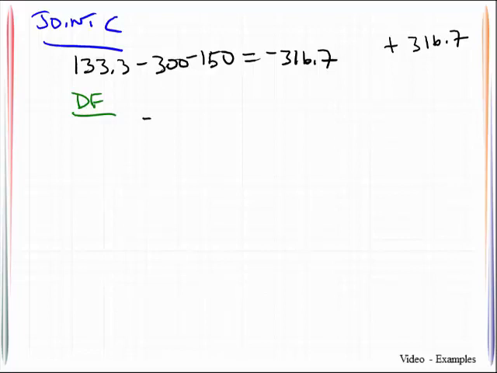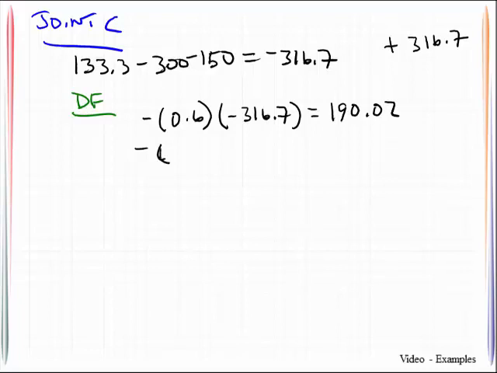So I'd get negative 0.6 times the negative 316.7. That'll give me 190.02. Then let's see how much goes on the other side of the joint. That'll give me 126.68.